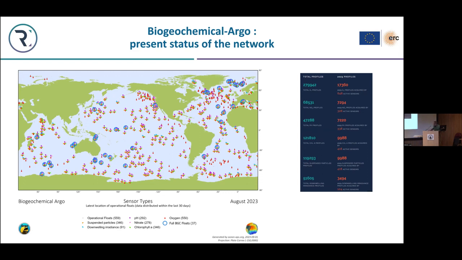But altogether, the community has achieved a third of the objective of 1,000 sustained floats. And here you can see the total profiles acquired in 2023. Just to mention that for chlorophyll A and backscattering, 2 optical proxies that I will make a lot of use of here, we already have 120,000 profiles acquired so far.